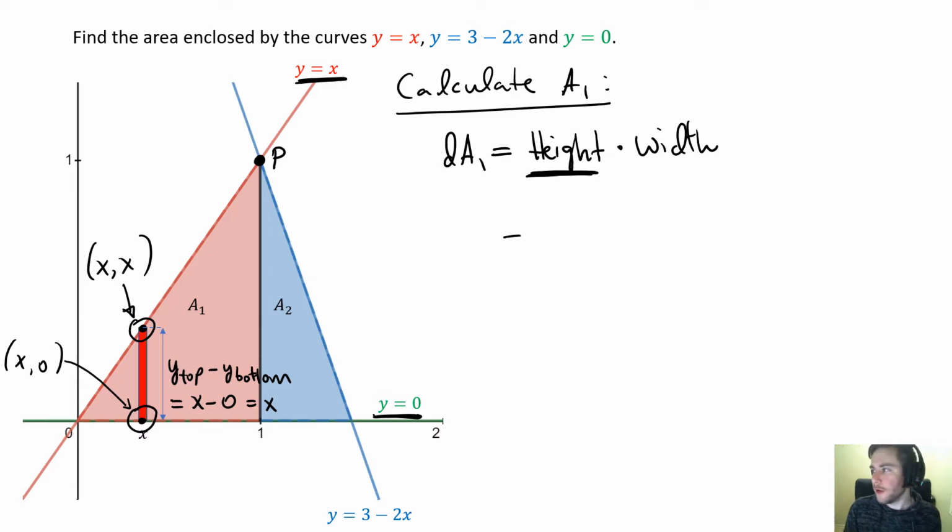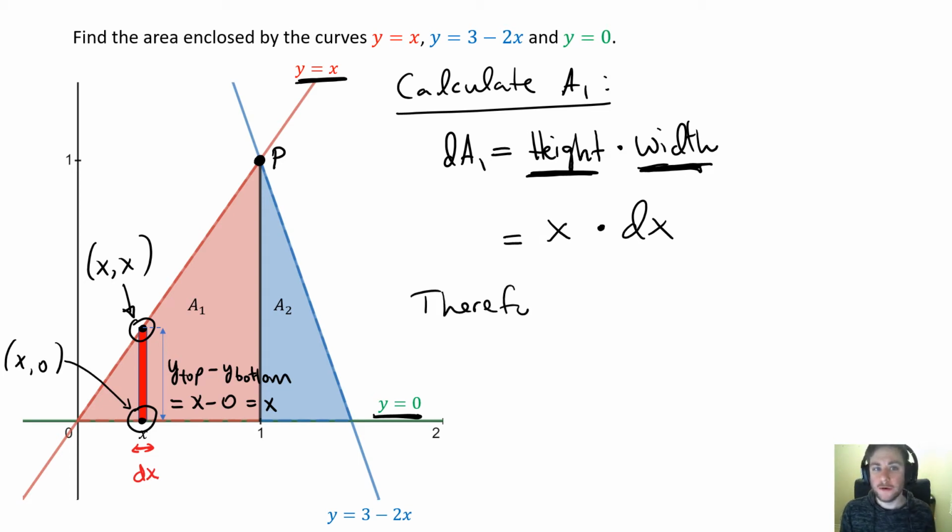So we can use that to go back to our formula for dA1. We've just put in the height as x. But what about our width? Well, remember that the width of this rectangle is an infinitesimally small change in x, and that is what we call dx. So this completes our formula for dA1, but that's just the area of one sample rectangle.